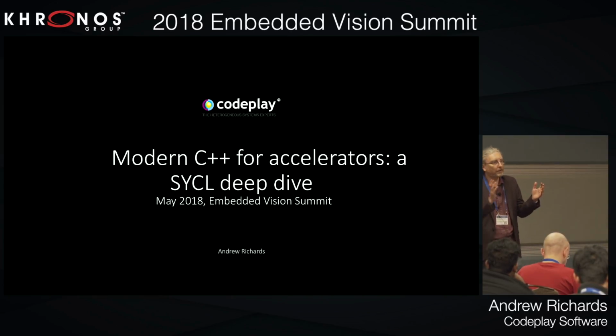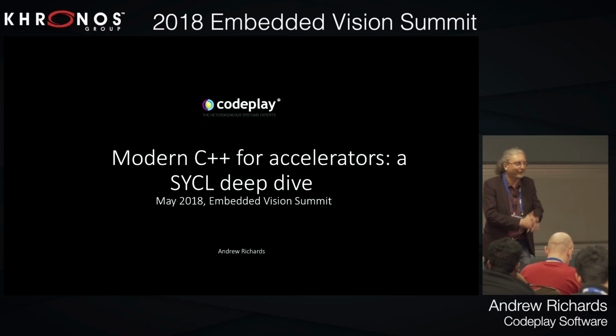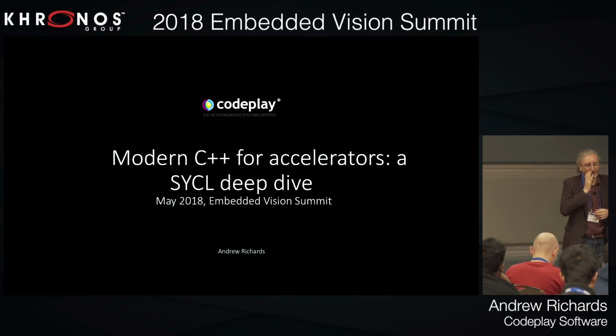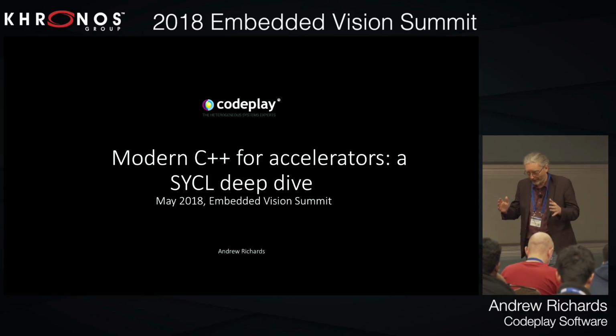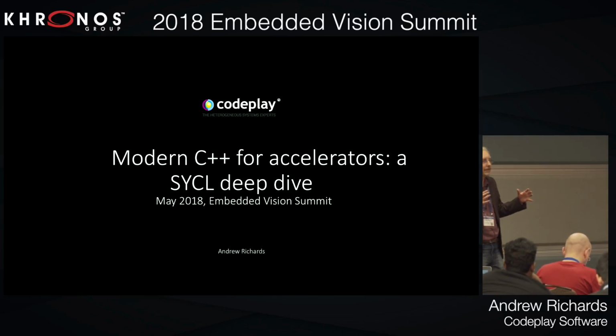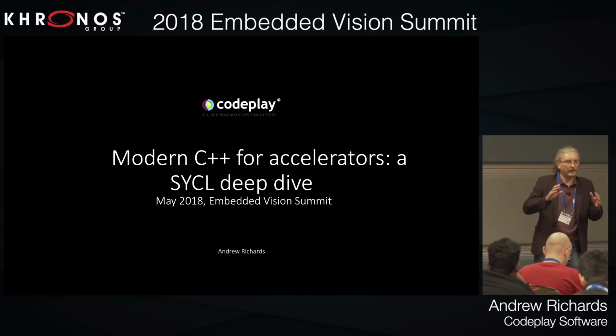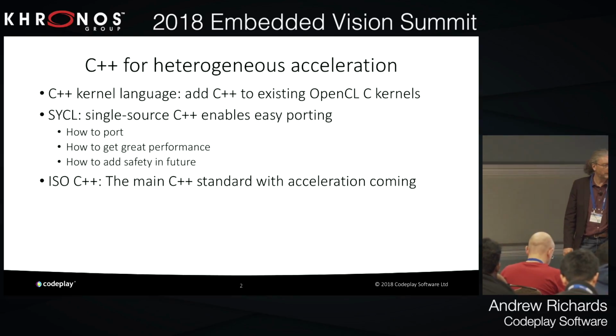So that's why I've spent many years of my life, and we've invested a lot of money as a company, and the Khronos Group has been very patient with us. Now we've got quite a lot of people involved behind this, because people go, actually, programmers use C++, and we need to be able to write software for accelerators. All of the future performance that we're getting is going to be from accelerators.